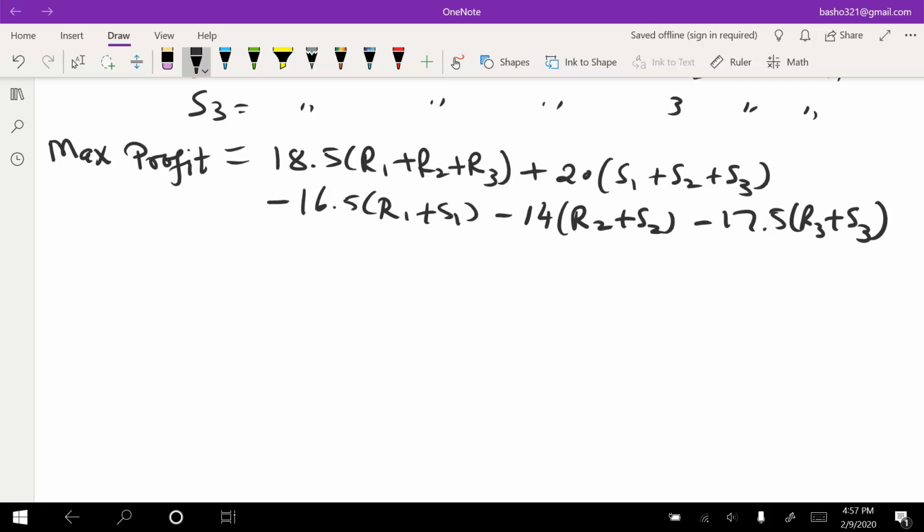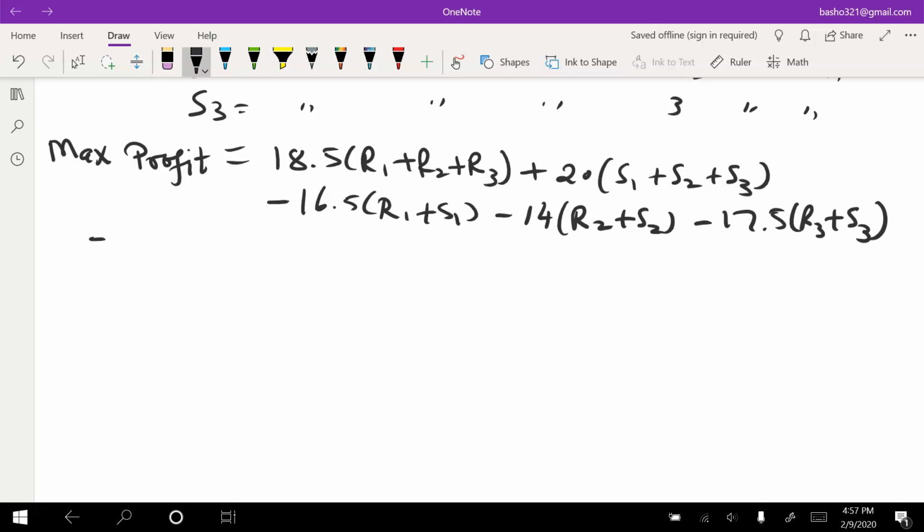So we are calculating revenue and the cost of ingredient. We are using input 1 to produce both regular and super fuel. Similarly, ingredient 2 for regular and super, and so forth.